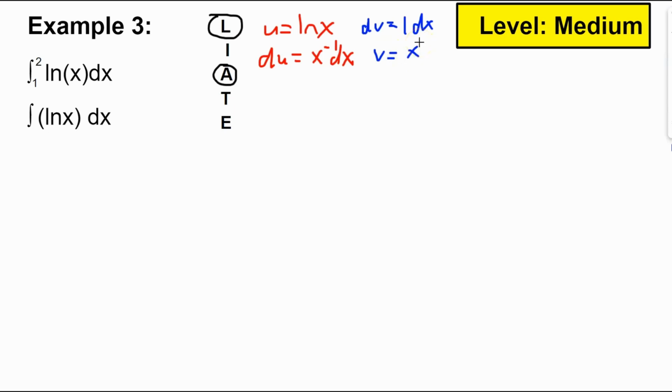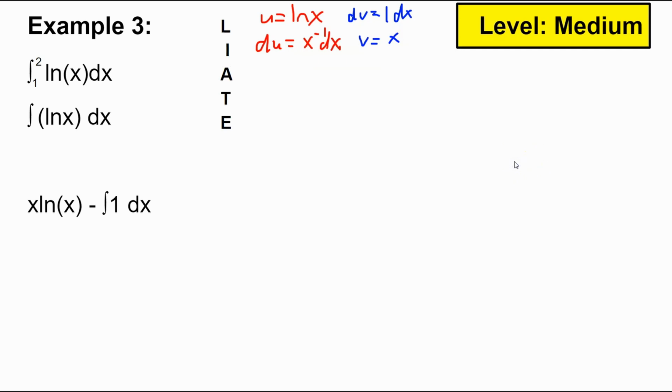So again, we're going to write this in the form of uv minus the integral of v du, and that turns out to be x ln of x minus the integral of 1 dx. So again, we're going to take the integral. Again, integral of 1 is just x, so we're left with x ln of x minus x plus c.